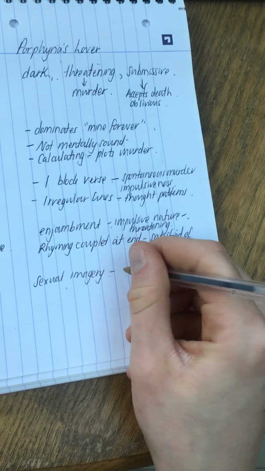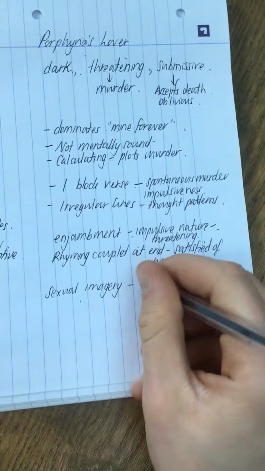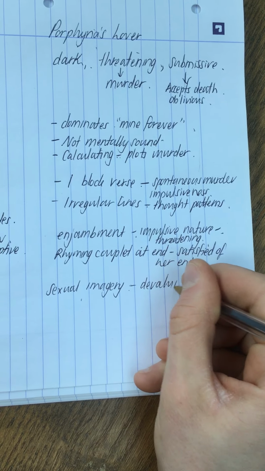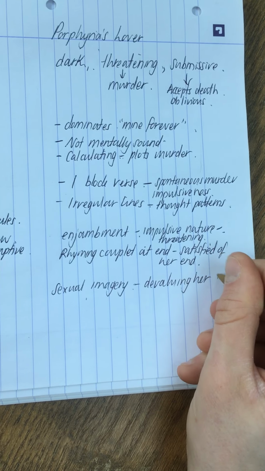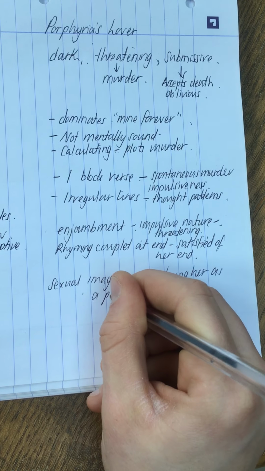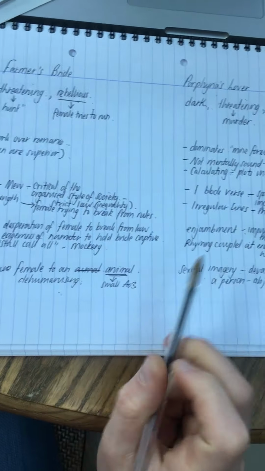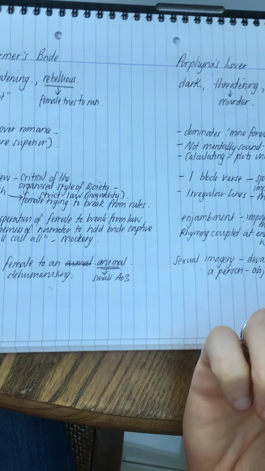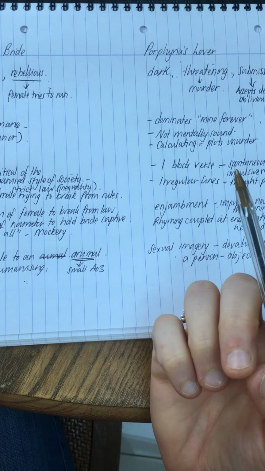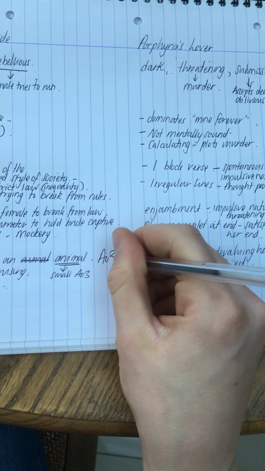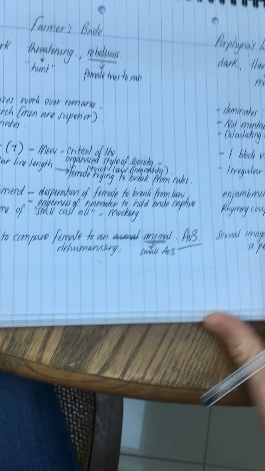Once again, you can compare it, because the sexual imagery suggests that this narrator is once again devaluing her as a person, only seen as an object. Okay, so both writers fail to recognize the value of the female as a person, and more as something they can use for their own personal gain. Something very popular in both of the times in which they were written.